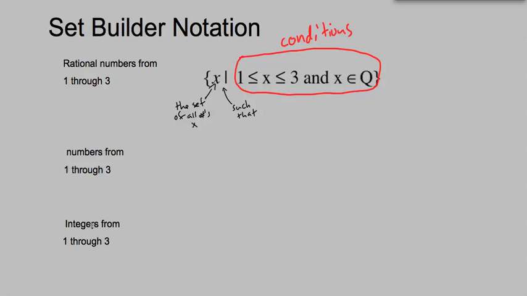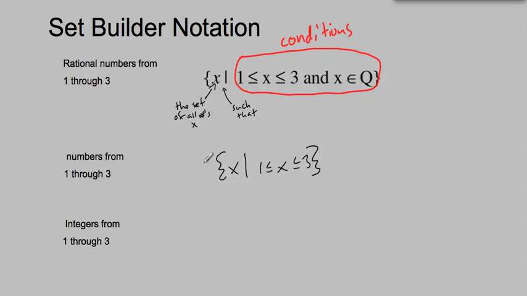Some are easier, some are a little more difficult. If we want to look at all numbers from 1 through 3, we would start with a brace, all numbers x, such that 1 is less than or equal to x is less than or equal to 3. And that is all we need to write.